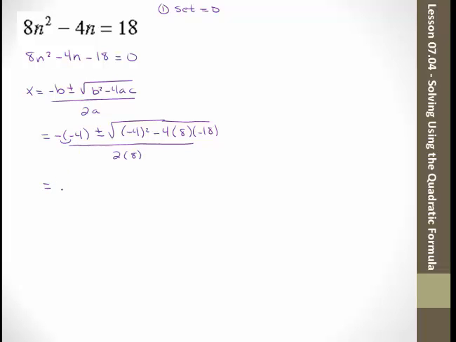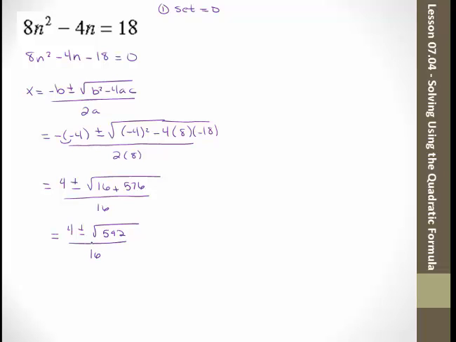That's positive 4, 16, and then I need to do 4 times 8 times 18, which is plus 576 over 16. 576 plus 16 is 592 over 16.